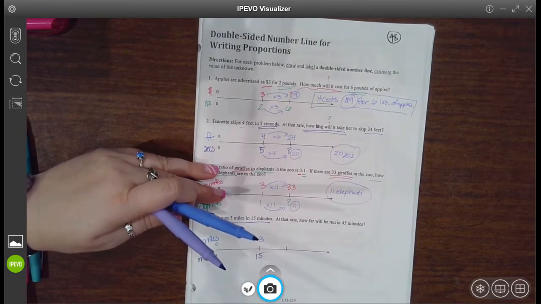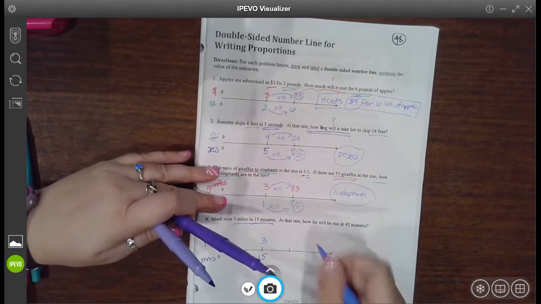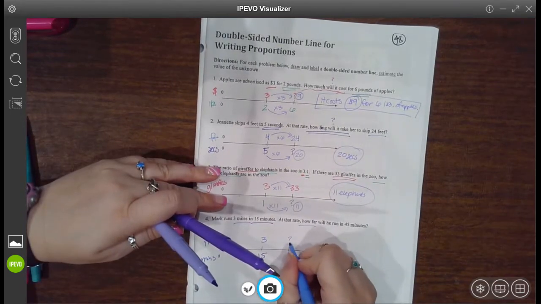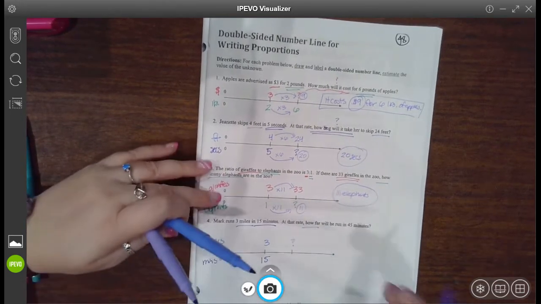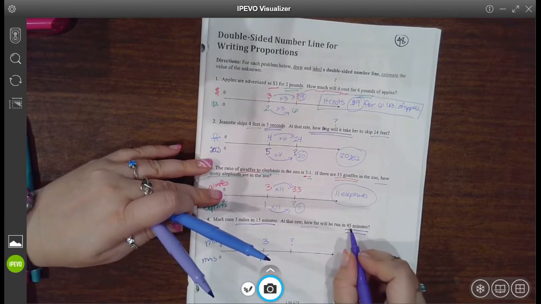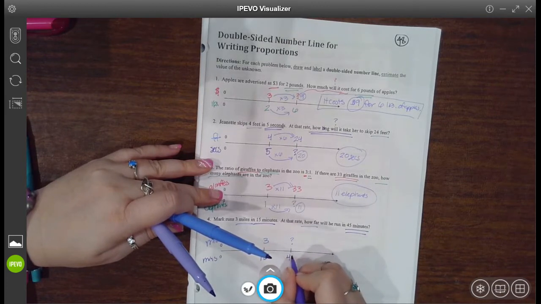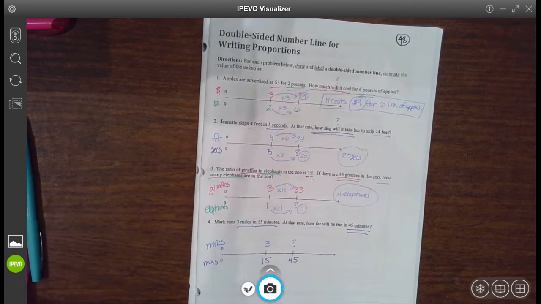It's pretty impressive. Okay. So at that rate, how far will he go? So we don't know how far, and miles is on top, in 45 minutes. And again, 45 is talking about the number of minutes, and minutes is on the bottom. So that's why the 45 should go there.